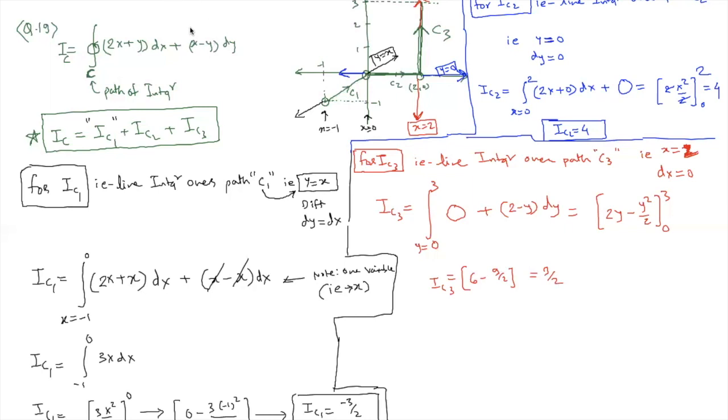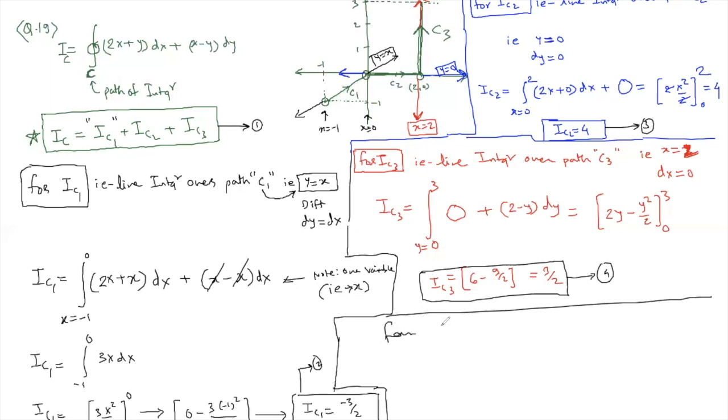Let's call these 1, 2, 3 and 4. From 1, 2, 3, and 4, I equals negative 3 over 2 plus 4 plus 3 over 2.